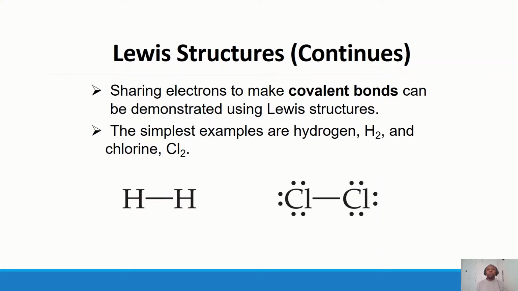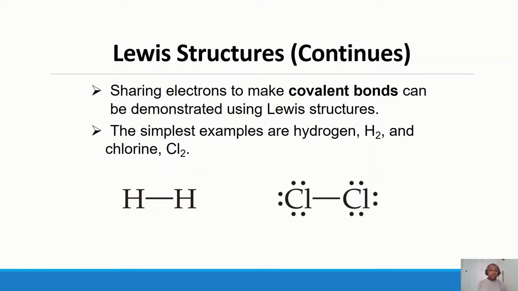We want to move to bonding now. Before we go there, we want to see how Lewis structure is going to help us when we get to bonding. For example, for covalent bond, it's about sharing of electrons. Before you can know the electrons that are shared, you need to know the Lewis structure of the atoms that are involved.